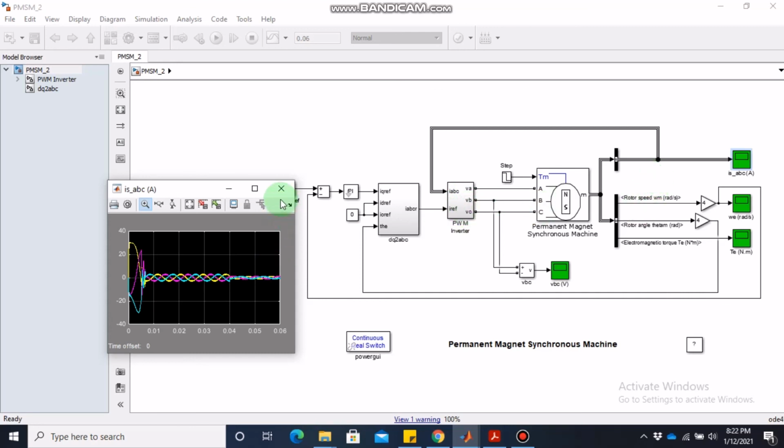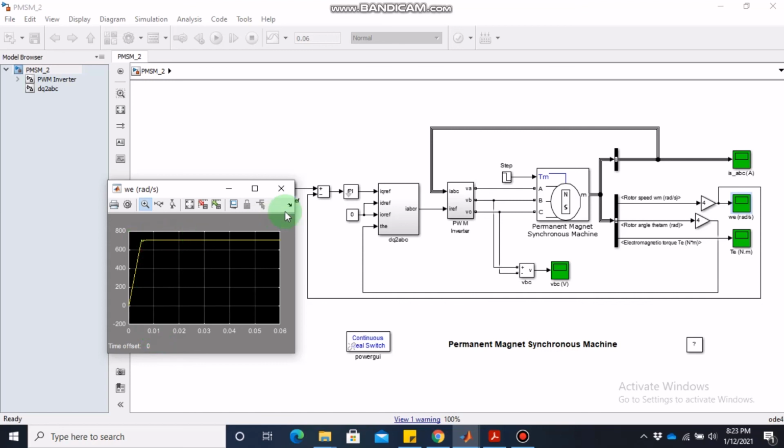So there are DQ to ABC and ABC to DQ transformations as well, which are just converting from one frame to another. This is the speed, so you can see that within almost 10 milliseconds it is going to the desirable speed.